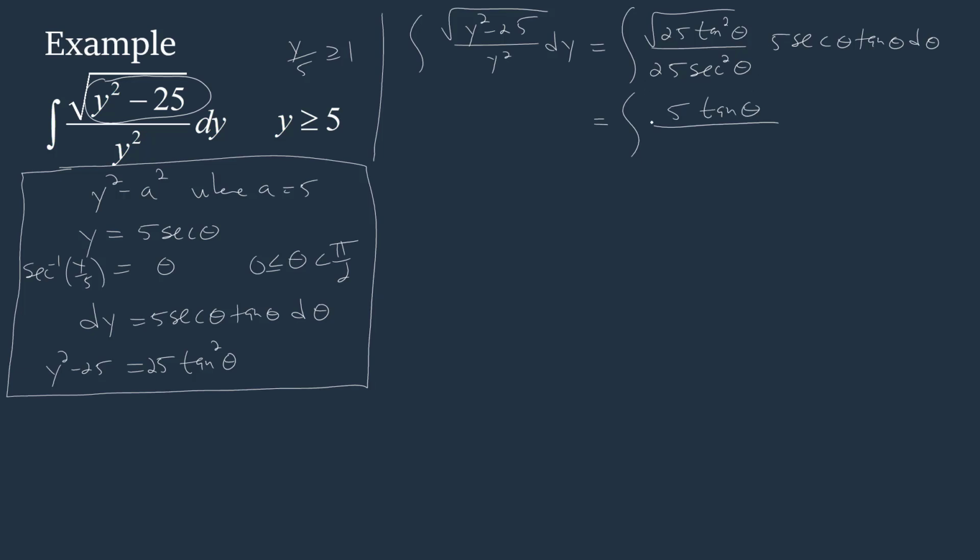The 5 and the 25 cancel, giving me a 5. A secant divided by secant squared gives me a secant in the denominator, and it's still multiplied by yet another tangent of theta. That would then equal the integration of tangent squared of theta all over secant of theta d theta.